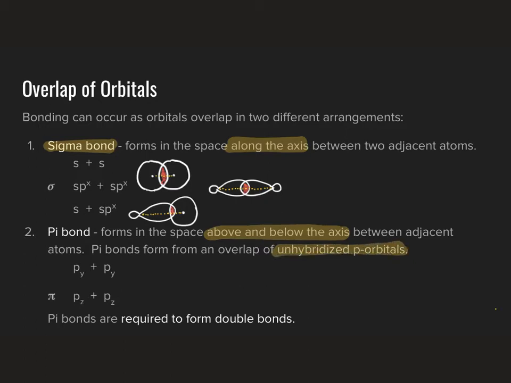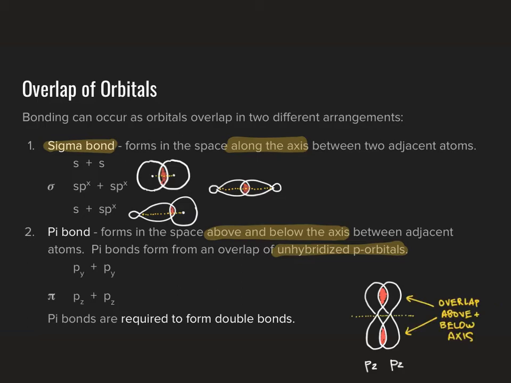If you can imagine 2 pz orbitals, each on adjacent carbon atoms next to one another, if I take those 2 dumbbell-shaped orbitals and bring the carbon atoms close together, that overlap does not occur at the center of the axis between the 2 adjacent atoms, but instead occurs both above and below that axis, which would give us the overlap of the orbitals necessary for our localized electron model of bonding to occur.